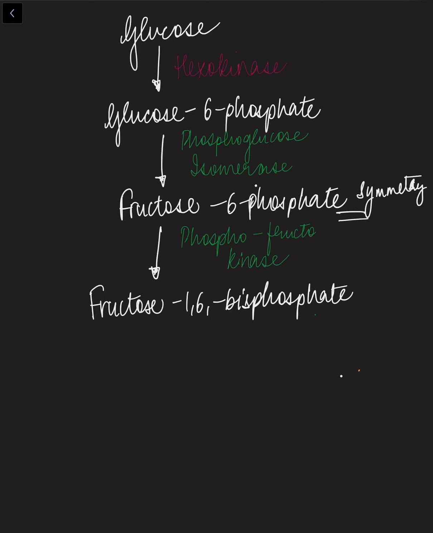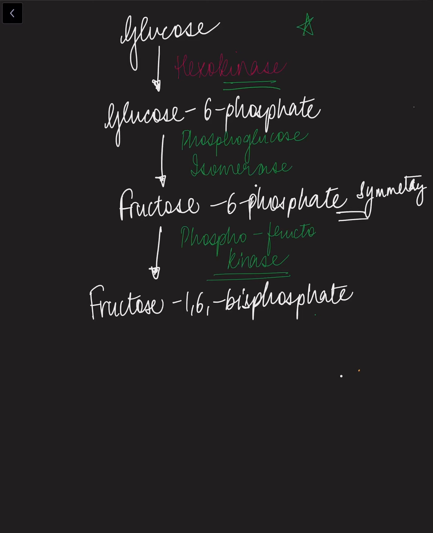So just a hint, whenever there is kinase in the enzyme, the substrate is always going to be phosphorylated. Phosphorylated means that a phosphate group is going to be attached to the substrate.